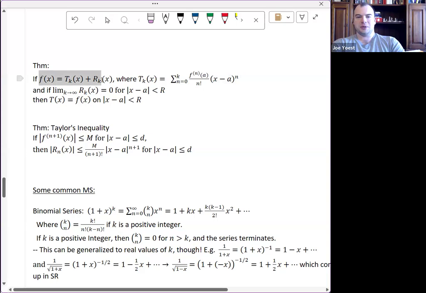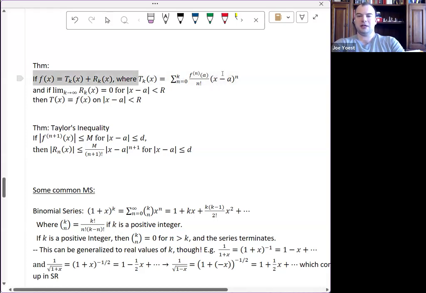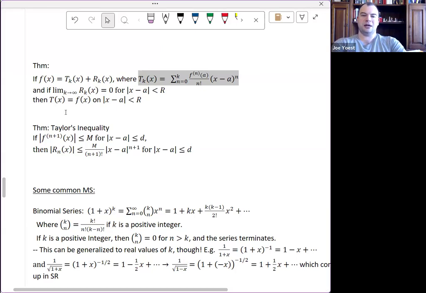We can, of course, always write f of x equals t k of x plus r k of x for some function r k of x. f of x is known. It's the function that we're representing as a Taylor series. t k of x is the partial sum given here. So what is r k of x? Well, it's just f of x minus t k of x. So we can always find an r k of x that makes this work.